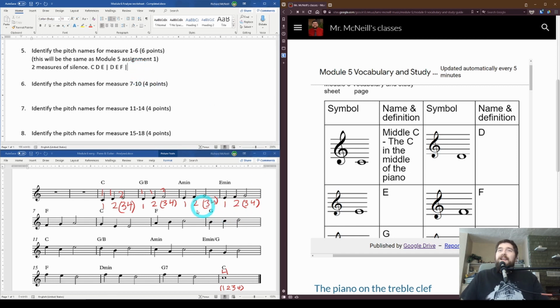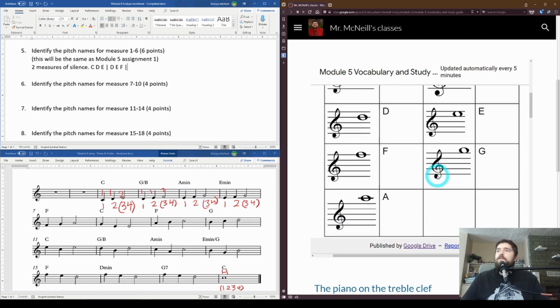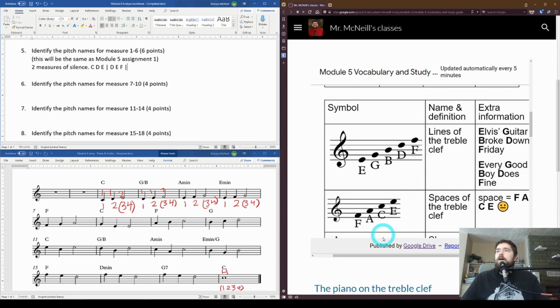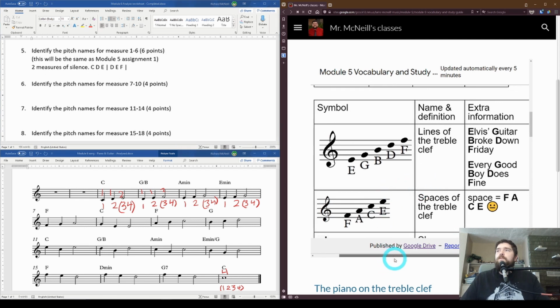Now for this next measure, I'm going to use a different method. For measures 4 and 5, I'm going to use my memorized lines and spaces. Don't forget the lines are Elvis's guitar broke down Friday, and the spaces spell out the word FACE, F-A-C-E.